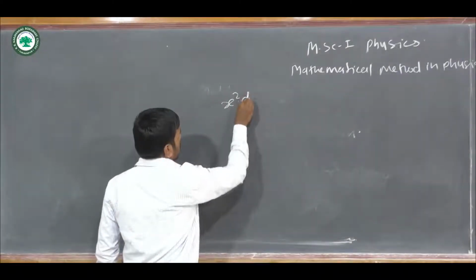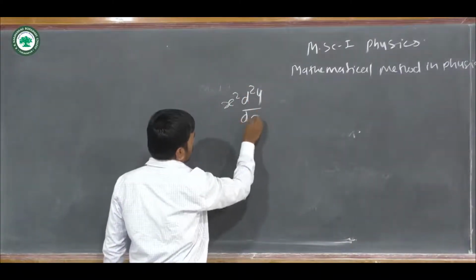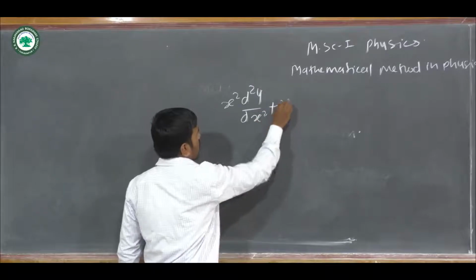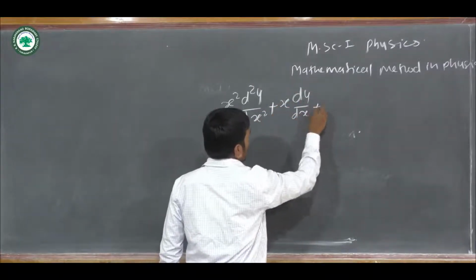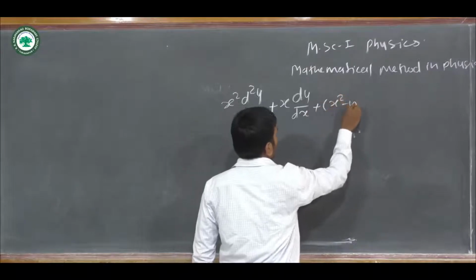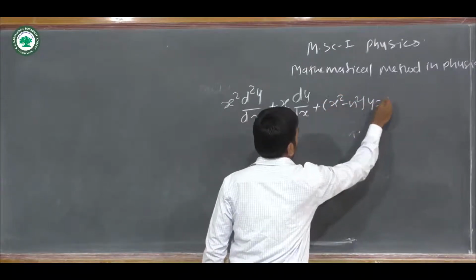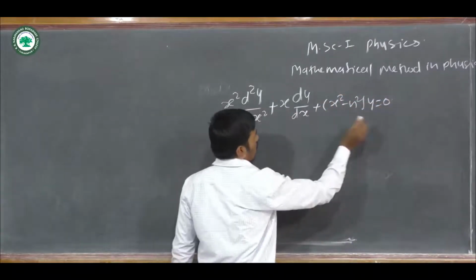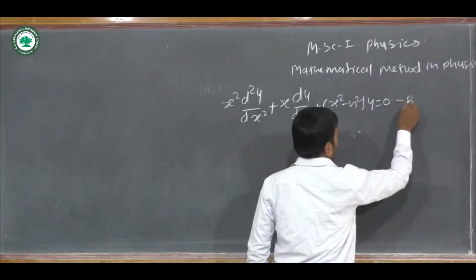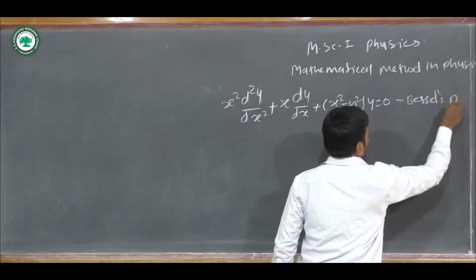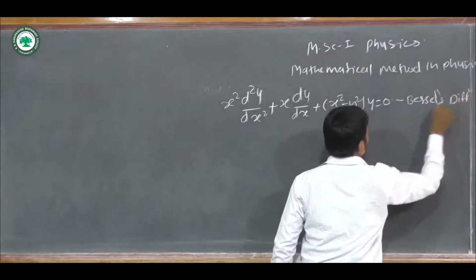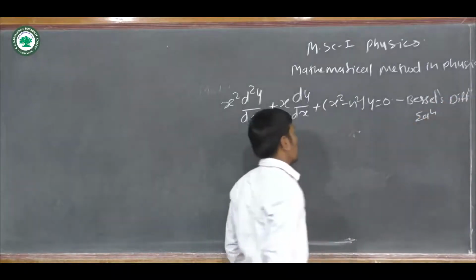x square d square y by dx square plus x into dy by dx plus (x square minus n square) into y is equal to 0. This is the Bessel differential equation.